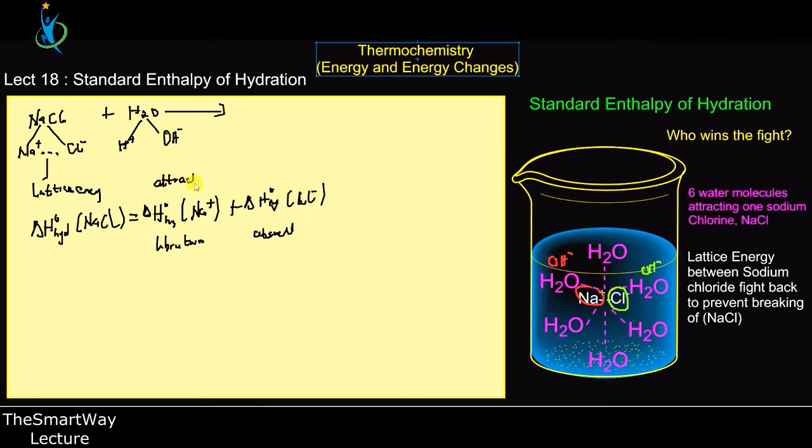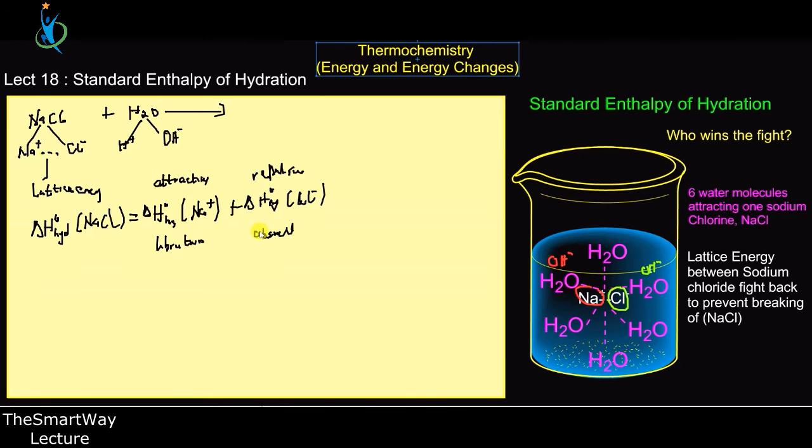So this is an attraction, causing a liberation of energy, and this is a repulsion, because the negative side of the water is also repelling the negative side of the ion, that is the chloride ion. So that's called a repulsion.